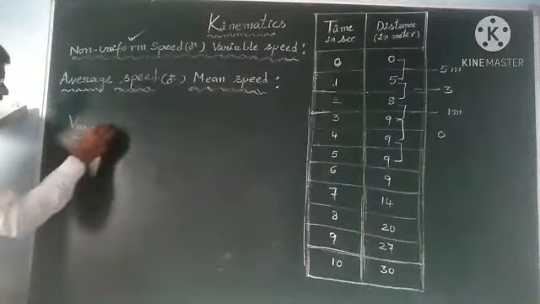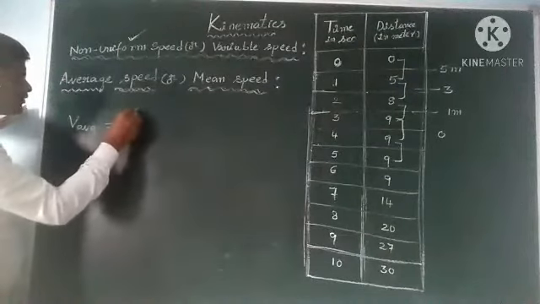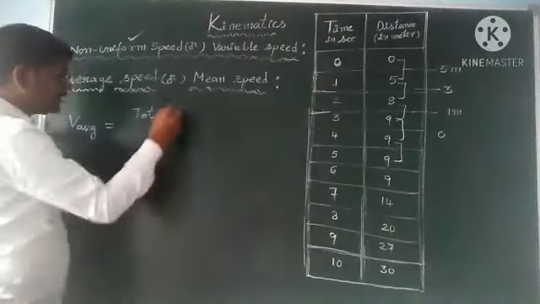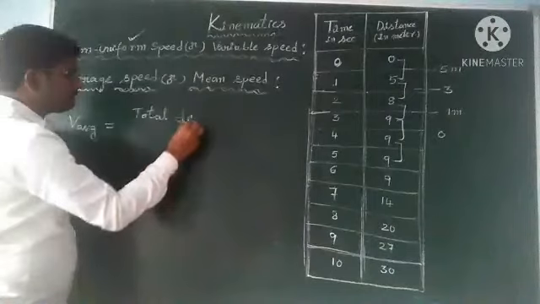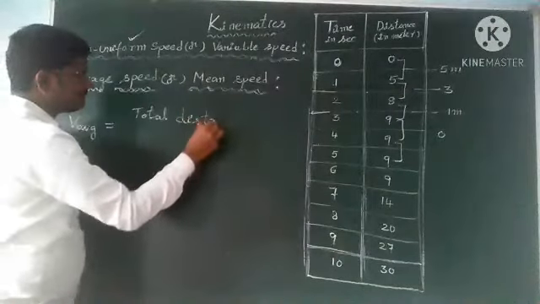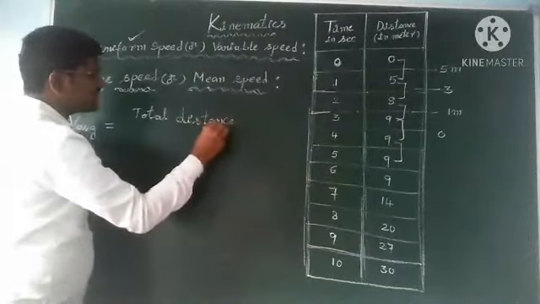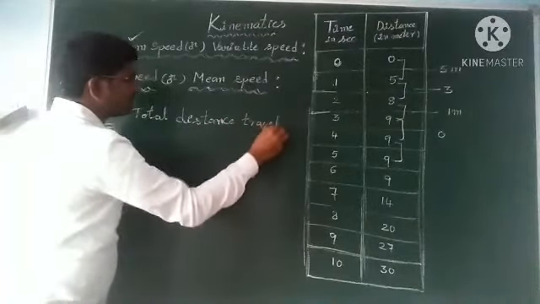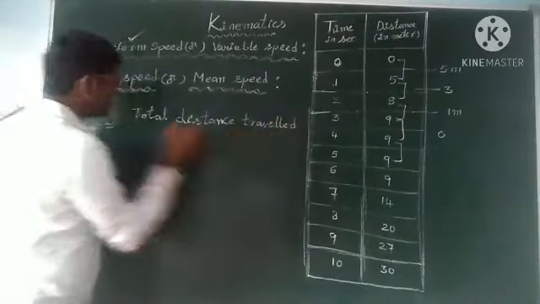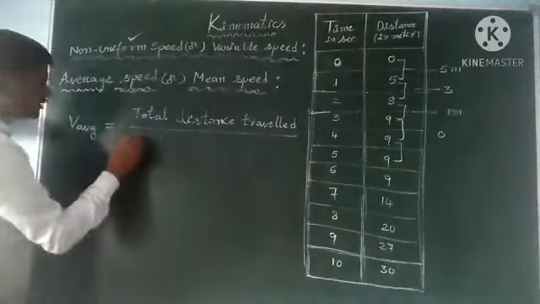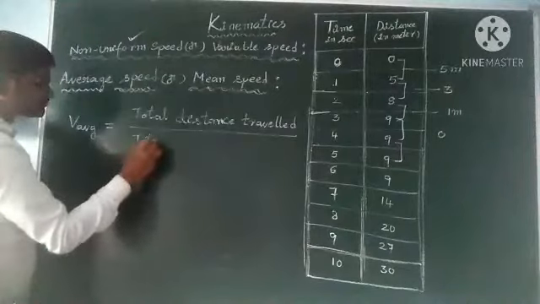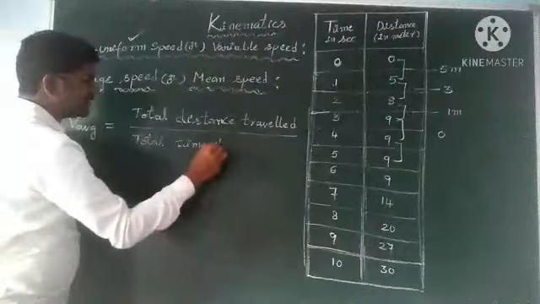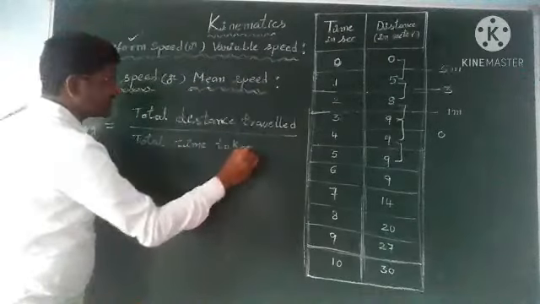V average is equal to total distance traveled by total time taken.